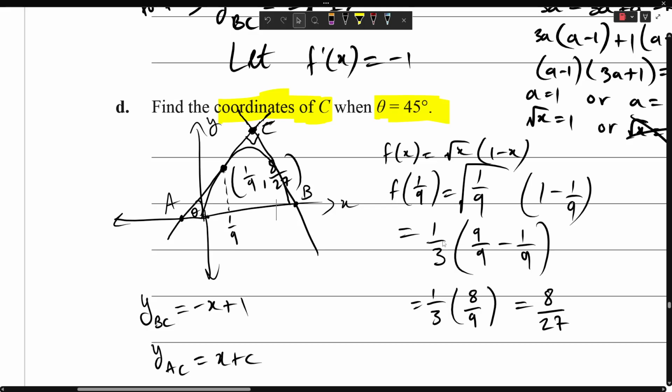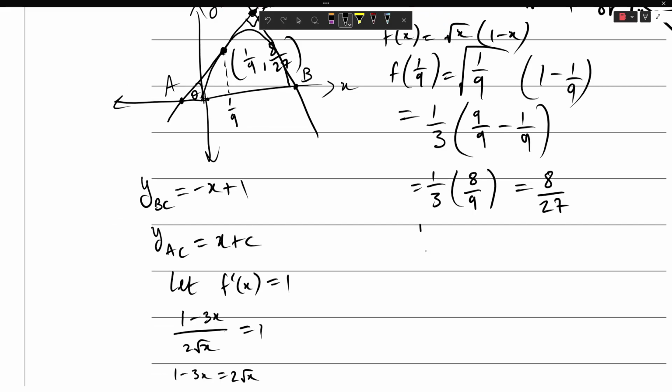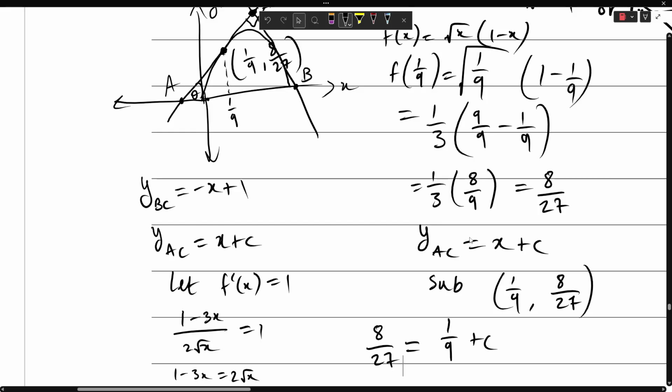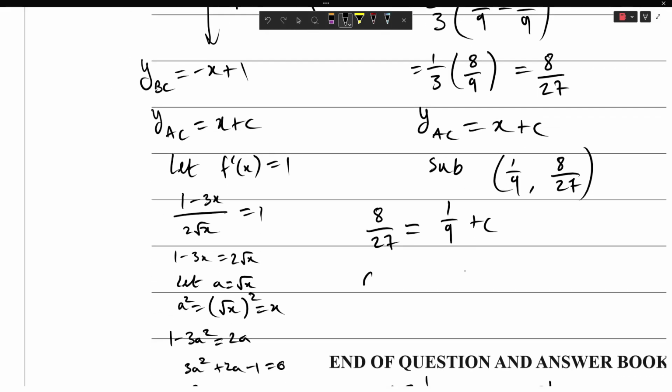And we know the line y AC goes through this point. So I'm going to substitute 1 over 9, 8 over 27. Now, I'm going to move the 1 over 9 to the other side.